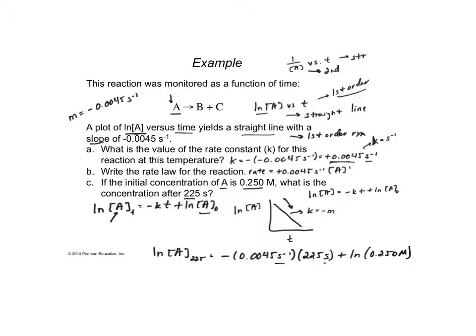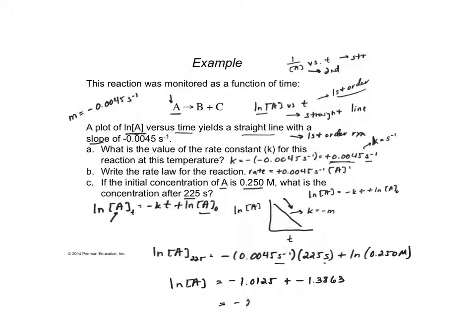So 0.0045 times 225 gives us a minus 1.0125, and we're going to add to that the natural logarithm of 0.25, which ends up being a minus 1.3863. This is equal to ln of A. Okay, so I'm going to add these two together.